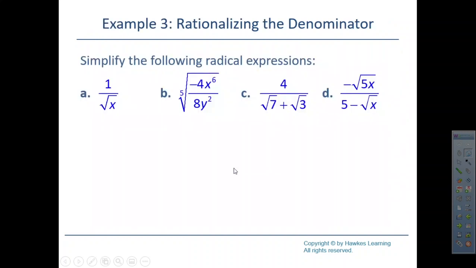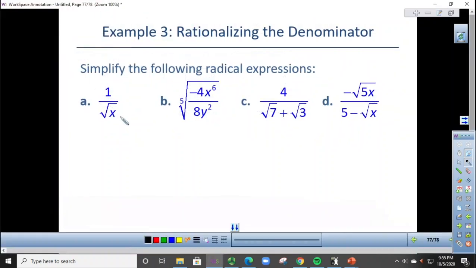And so if we are looking at simplifying these radical expressions, right? Remember, we can't have a radical in the denominator unless we're rationalizing. So basically, since this is just root x, we can just multiply it by root x. Whatever you do in the numerator or denominator, you have to do in the other.